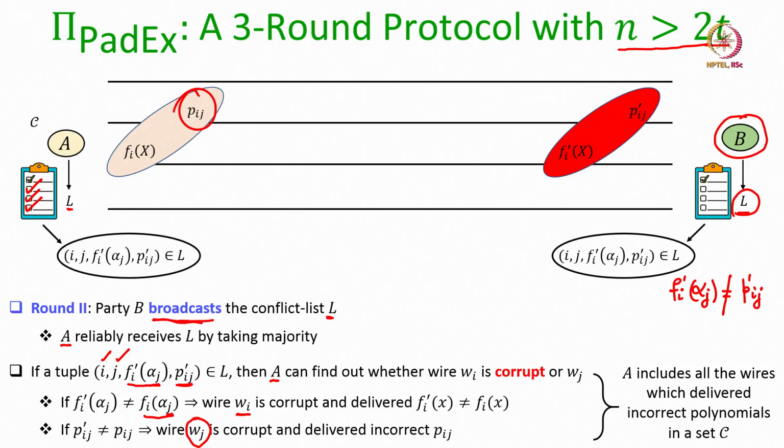Now, after A has done this task for all the conflicting tuples, it will have the set of all the wires, fancy C, which would have delivered incorrect polynomials during round 1 to the party B. Why so?